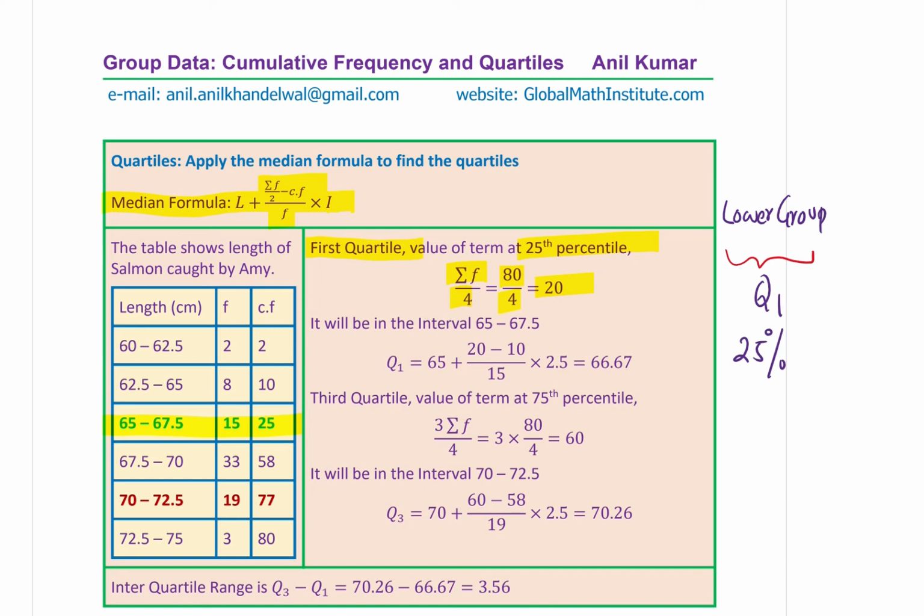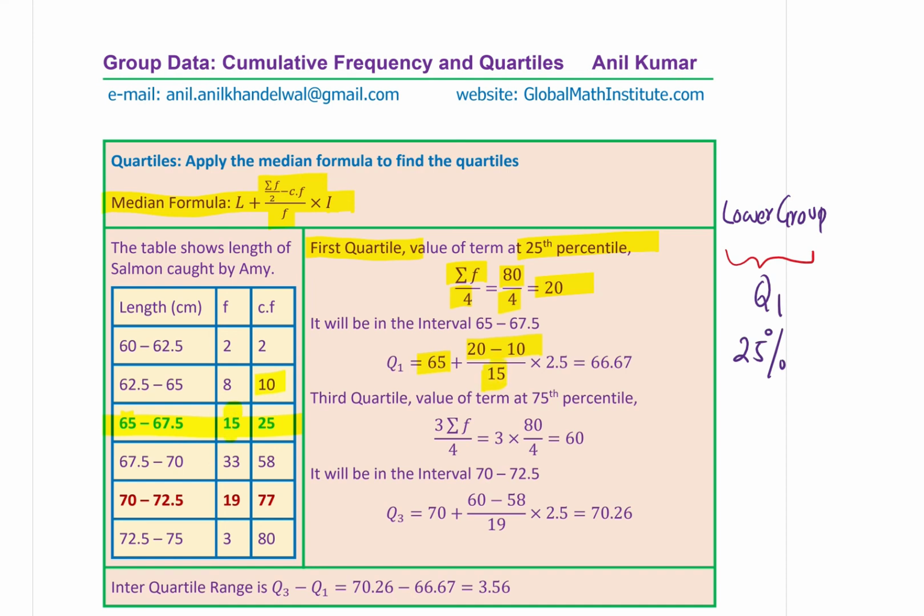Here, the lower limit is 65. So within the formula, we can use 65 as the lower limit. Now, since 20 is the position, and before that we have 10, 20 minus 10 is what we are looking for. We are looking for the 10th item out of those 15 available here.